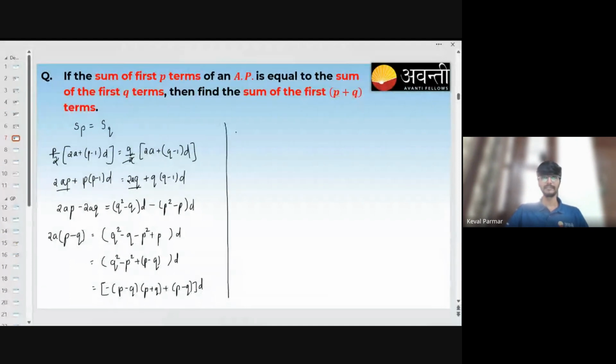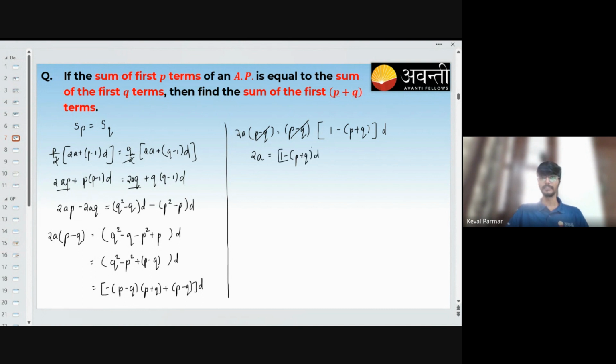So on the left hand side I have 2A into P minus Q. Right hand side also, I can take P minus Q common, I'll get 1 minus P plus Q into D. I can cancel out P minus Q and I'll get the relation between A and D, which is 2A is equal to 1 minus P plus Q into D.